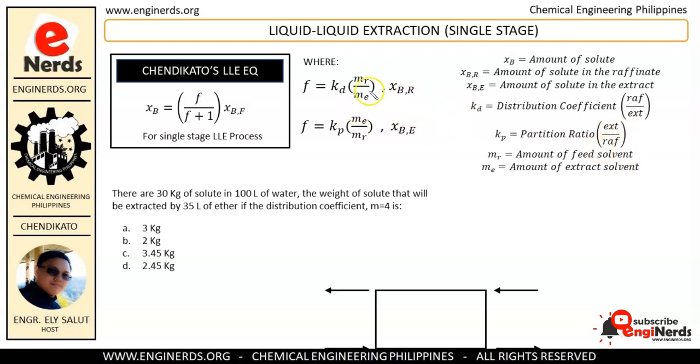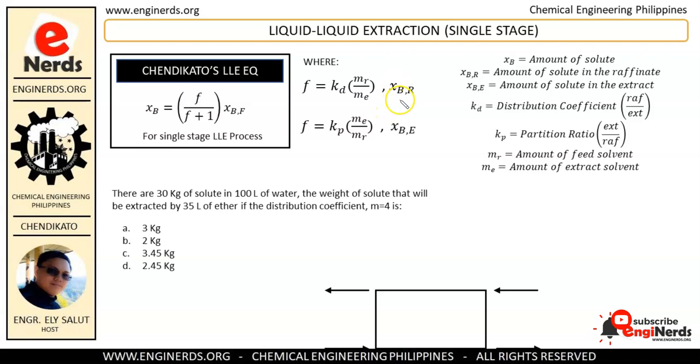That is why you can see here na meron tayong dalawang value ng F na pagpipilian dito. So, kapag ang ginamit natin is yung distribution coefficient, our F will be equal to the distribution coefficient multiplied to the amount of feed solvent over the amount of the extract solvent.